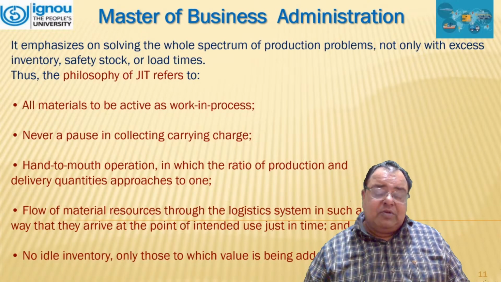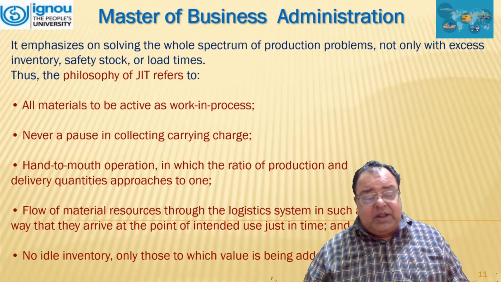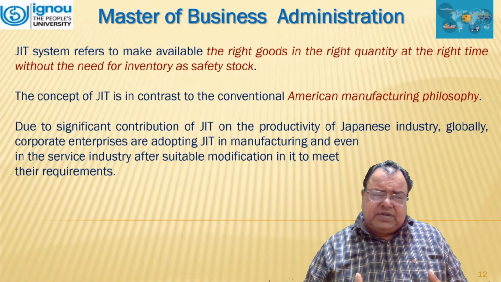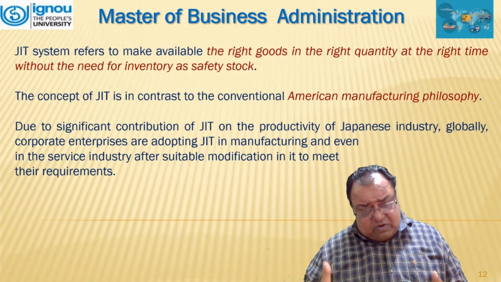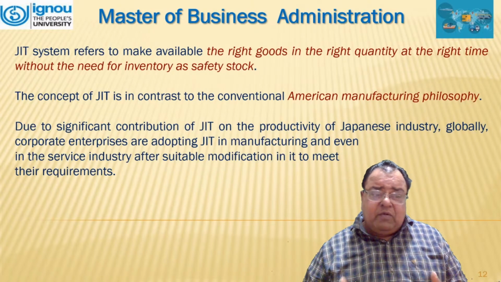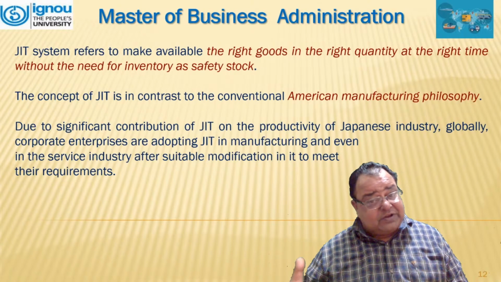And there is no idle inventory, only inventory to which value is being added. The kit system refers to making available the right goods in the right quantity at the right time without the need of inventory as safety stock.